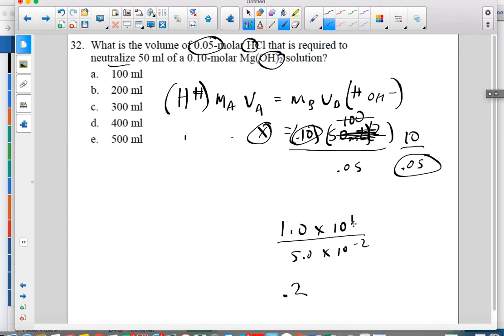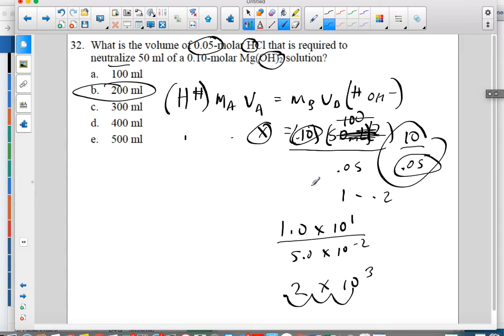And then when I go to subtract, 1 minus a negative 2 is going to give me 10 to the third. So that's going to basically mean I'm going to go 1, 2, 3, and that means it's going to be 200. So you can set it up that way, put it in scientific notation, or just do the math. Either way you want to simplify it. But when it says neutralization, you want to make sure you use that equation.